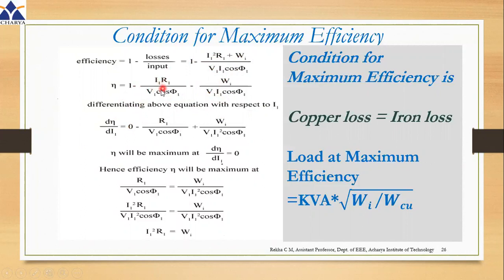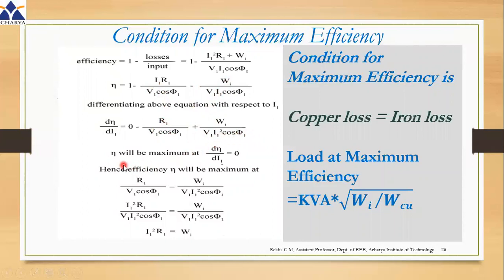Again, R1 divided by V1 cos phi 1 is constant. So differentiating with respect to I1, we get 1. So we get only the constant term over here. And then differentiating 1 divided by I1, we get minus 1 by I1 square. So which is nothing but plus the value, that is Wi divided by V1 I1 square cos phi 1.